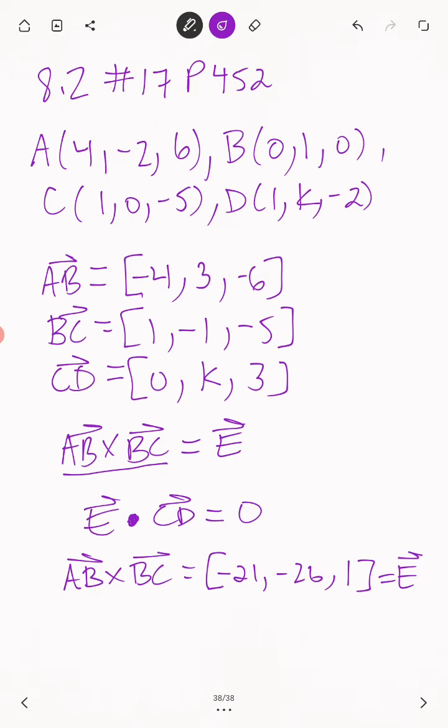And so now, if I take vector E and dot it with vector CD, which is also in the plane, it should be equal to 0.